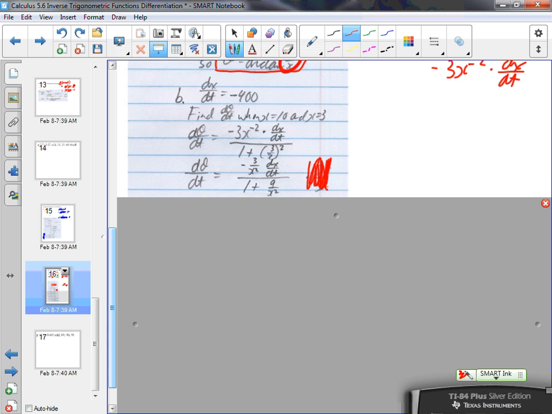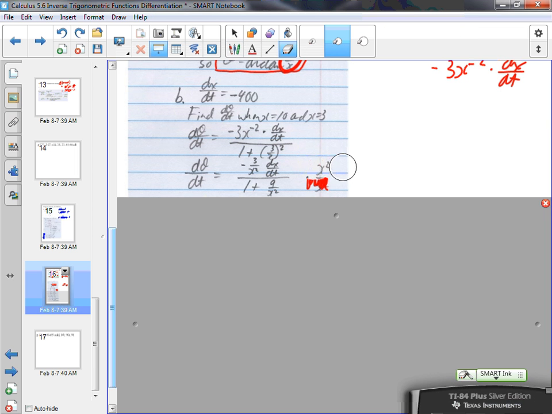We don't like negative exponents, so rewrite negative 3x to the negative 2 as negative 3 over x squared, dx/dt. 1 over, and then instead of 3 over x in parentheses squared, 9 over x squared. Don't like having fractions in the numerator or the denominator.